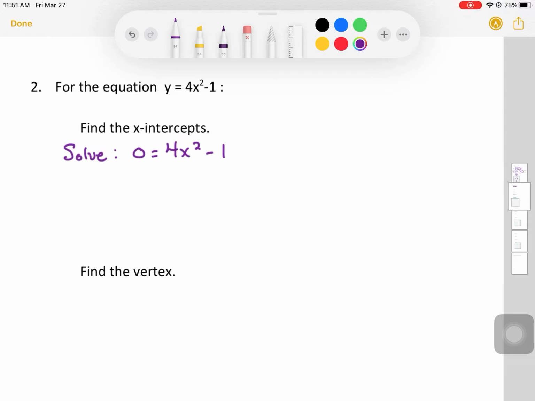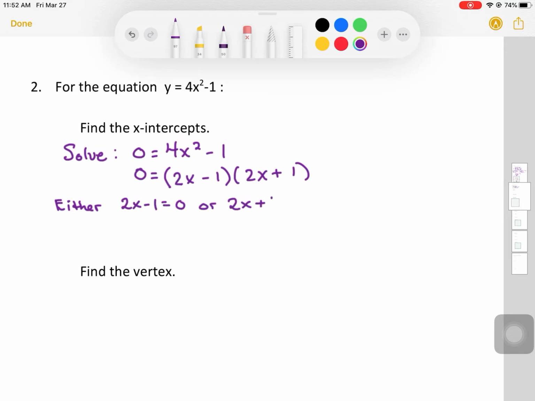We want to put our equation in factored form. So we're going to rewrite this as 0 equals, this is the difference of 2 squares. And of course, you can go through the generic rectangles and get that set up, but I'm going to go ahead and do this just using the pattern that we looked at last week before last. I've now got it in factored form, and I know now that either 2x minus 1 equals 0 or 2x plus 1 equals 0.